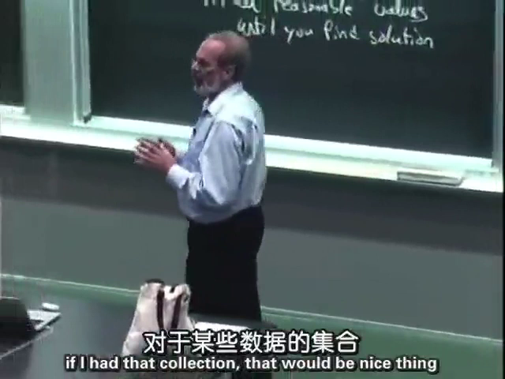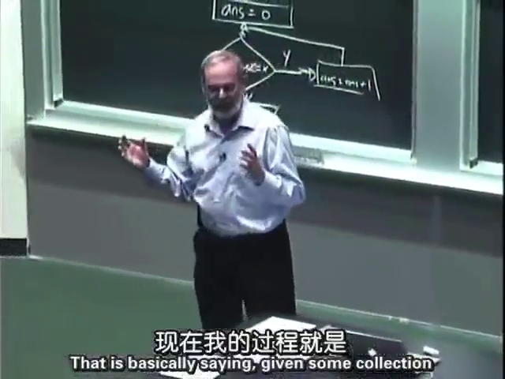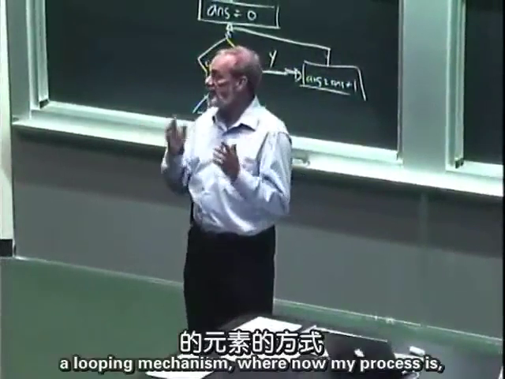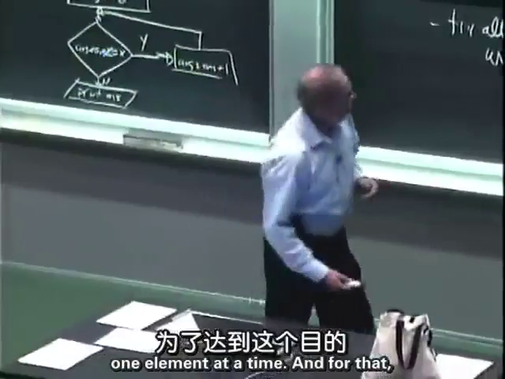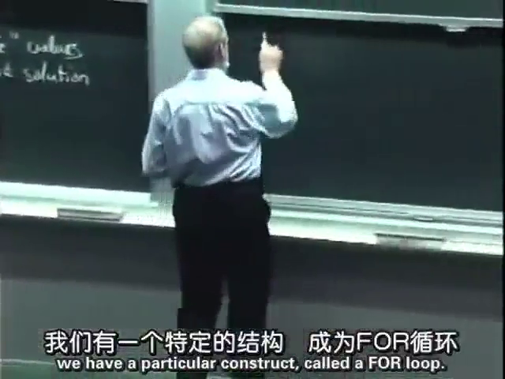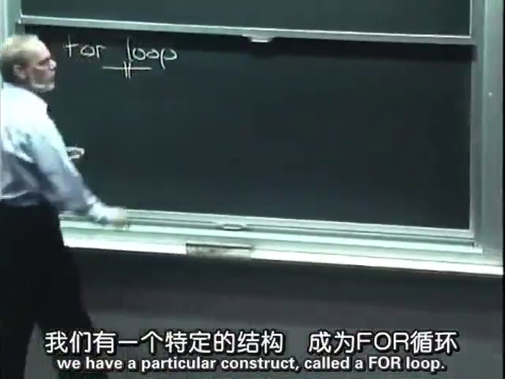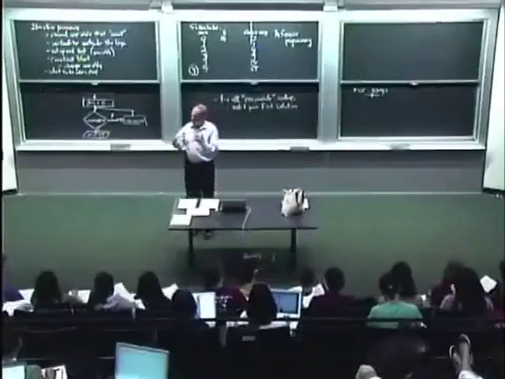That is a more common pattern. That is basically saying, given some collection of data, I want to have, again, a looping mechanism where now my process is to walk through the collection one element at a time. And for that, we have a particular construct called a for loop. It's going to do exactly that for us. It's going to be more general than this.